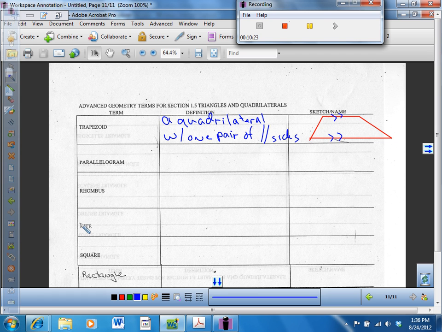Parallelogram. Go ahead there, Sam Katz. All parallel sets. Well, they're not all parallel to each other, so how would I say that? Two pairs of parallel sets.